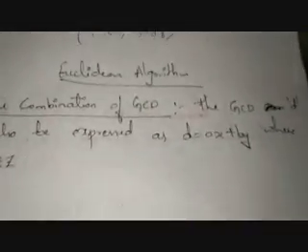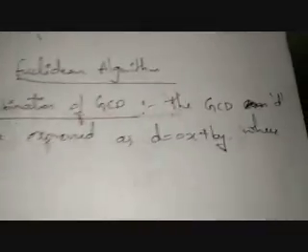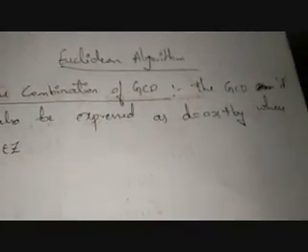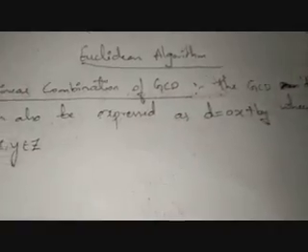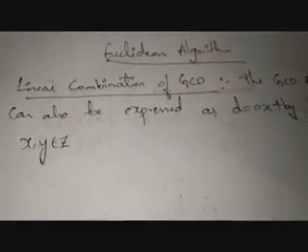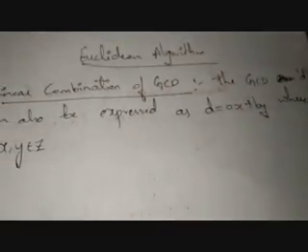Linear combination of GCD. The GCD D can also be expressed as D equals AX plus BY, where X, Y belong to Z. For example, we have another way of writing this linear combination of GCD. I'll write it down here.